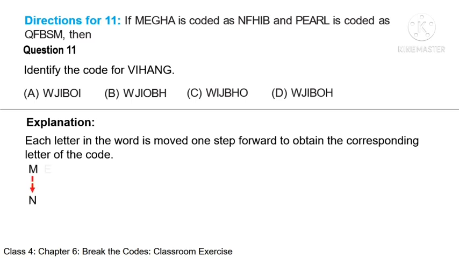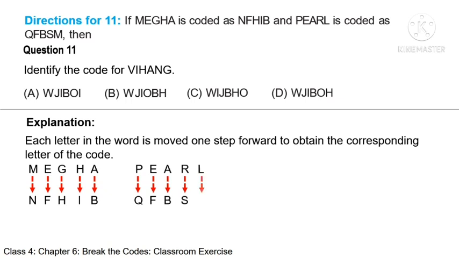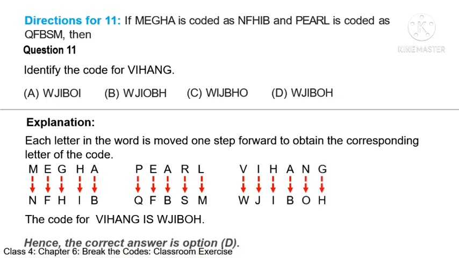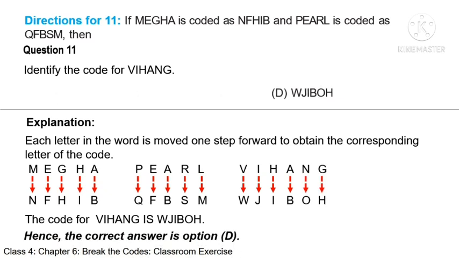M is for N, E is for F, G is for H, H is for I, A is for B. For Pearl, P is for Q, E is for F, A is for B, R is for S, and L is for M. With this logic, the code for Vihang: V is for W, I is for J, H is for I, A is for B, N is for O, and G is for H. Hence, the correct answer is option D.